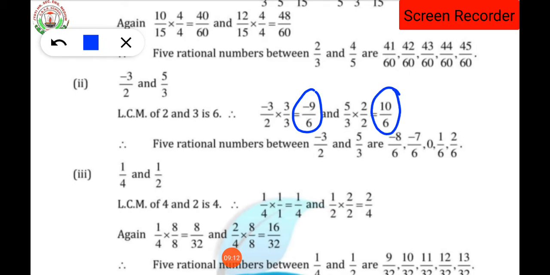So between minus 9 by 6 and 10 by 6, how many rational numbers will lie? Let's see. So minus 9 by 6, then after that minus 8 by 6, isn't it?